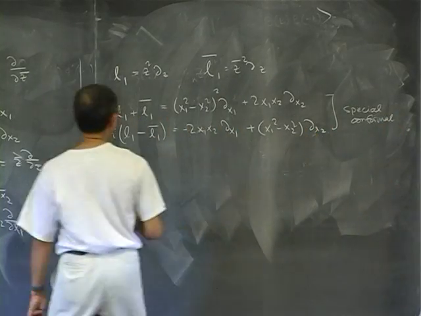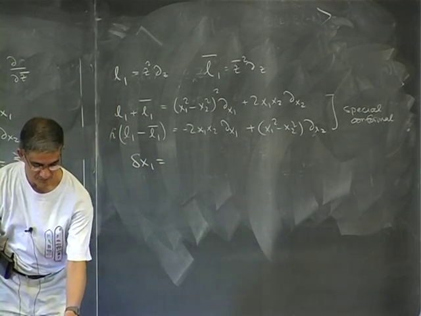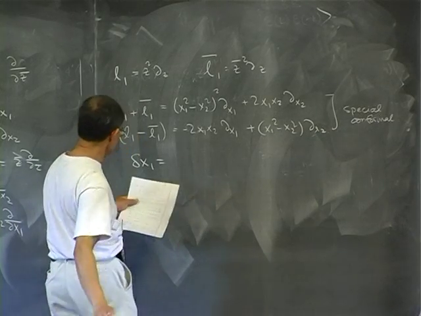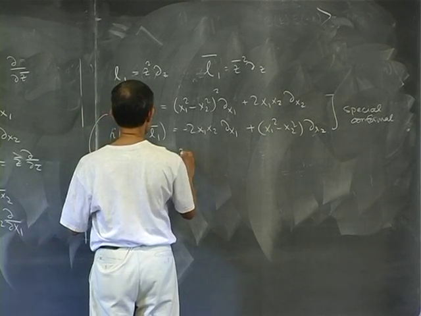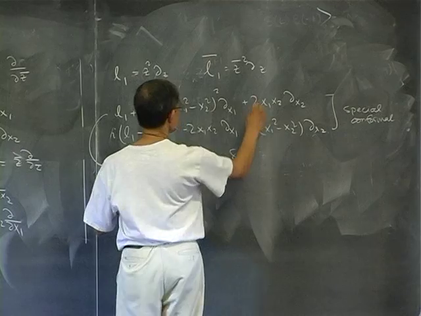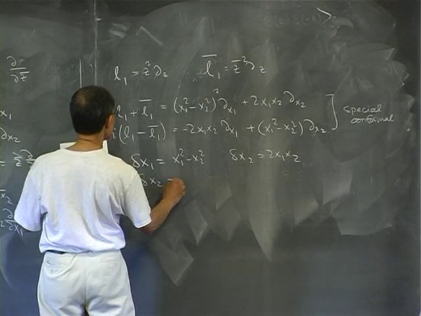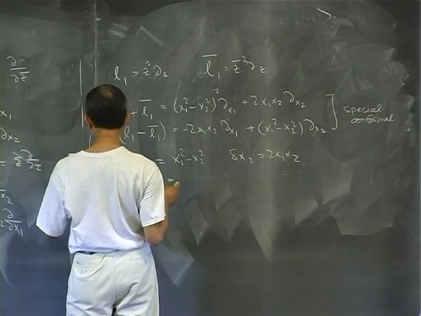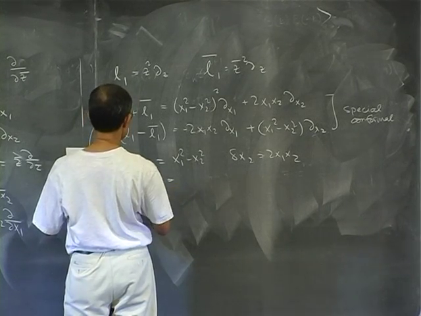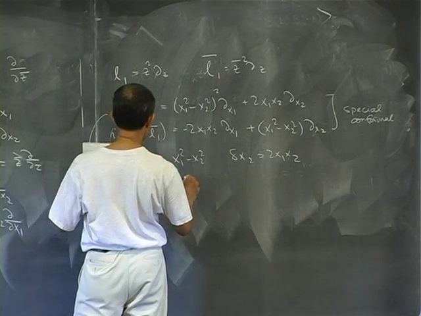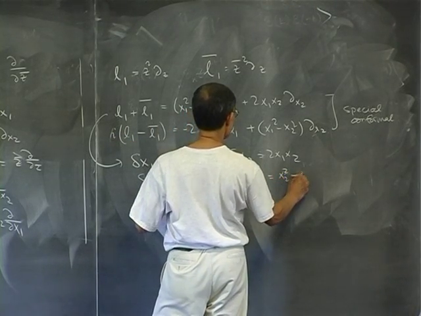And if I write what does this mean? This means that del x1 is equal to x1 squared minus x2 squared, and del x2 is 2 x1 x2, and the other one means, no, that means del x1 is 2 x1 x2, and del x2 is x2 squared minus x1 squared.